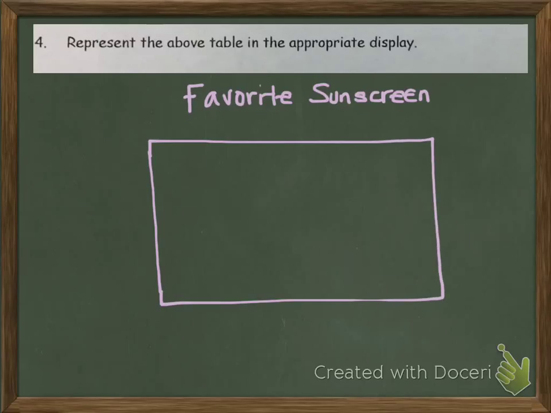And we have A, B, C, D, and E brands. I would like you to finish this bar graph. Remember, this is a bar graph, not a histogram, so your bars do not touch. When you have finished this bar graph, please press play, and we will continue on with the notes.